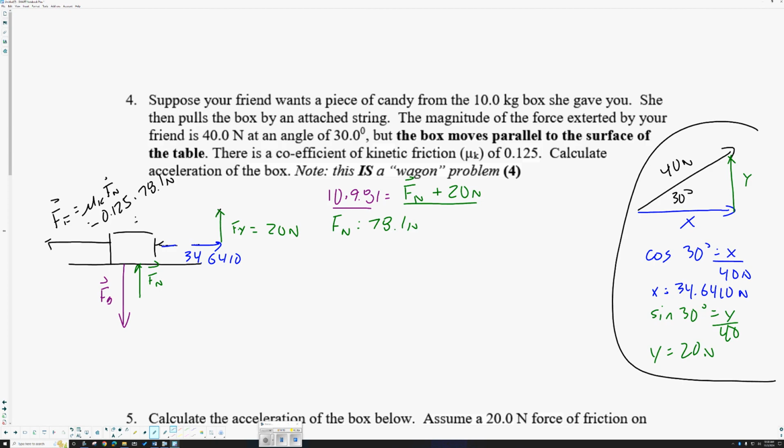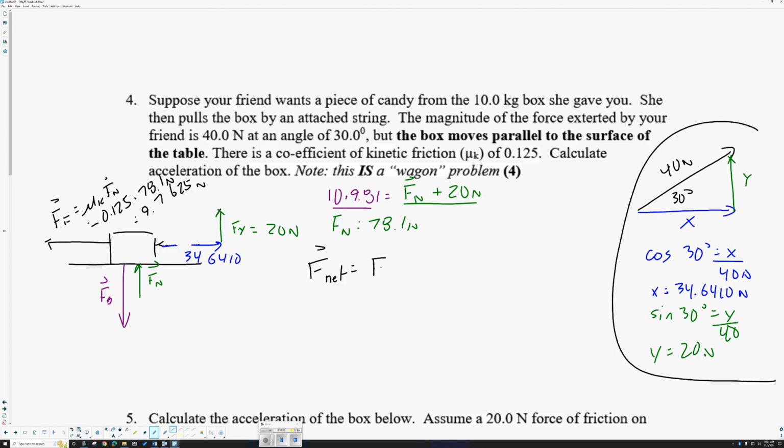But since there is, we have to add those two upward forces to give me the total downward force. All right, we calculate 0.125 times 78.1. We get a force of friction of 9.7625 newtons.